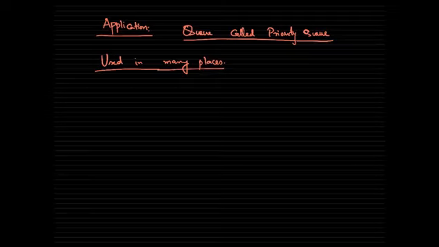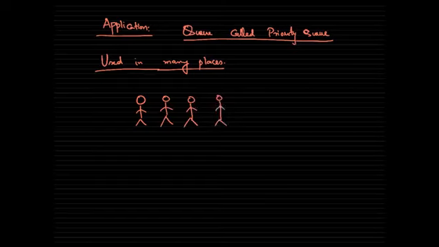So what's a priority queue? So what's a queue? A queue is basically a data structure where you have people arriving, or this could be processes, requests, whatever it is, and you store them in an array.